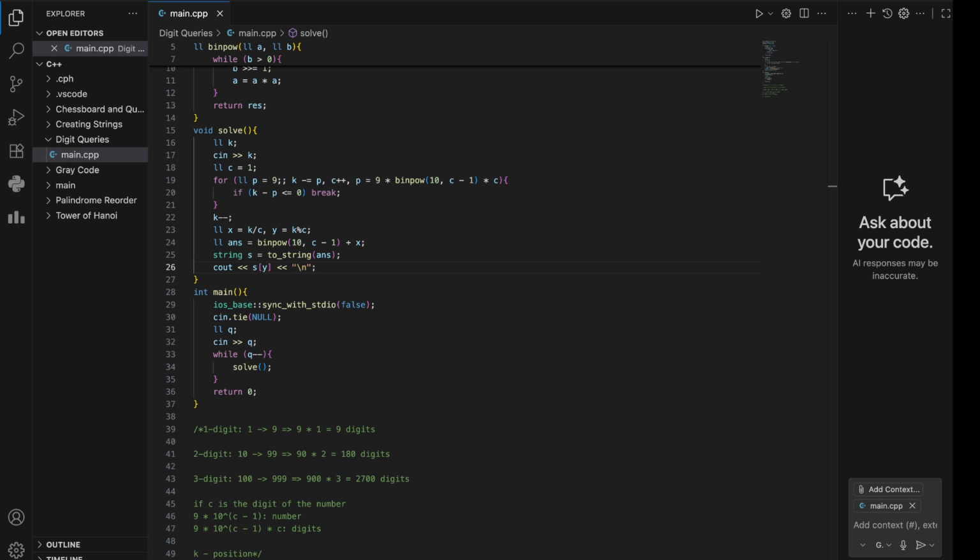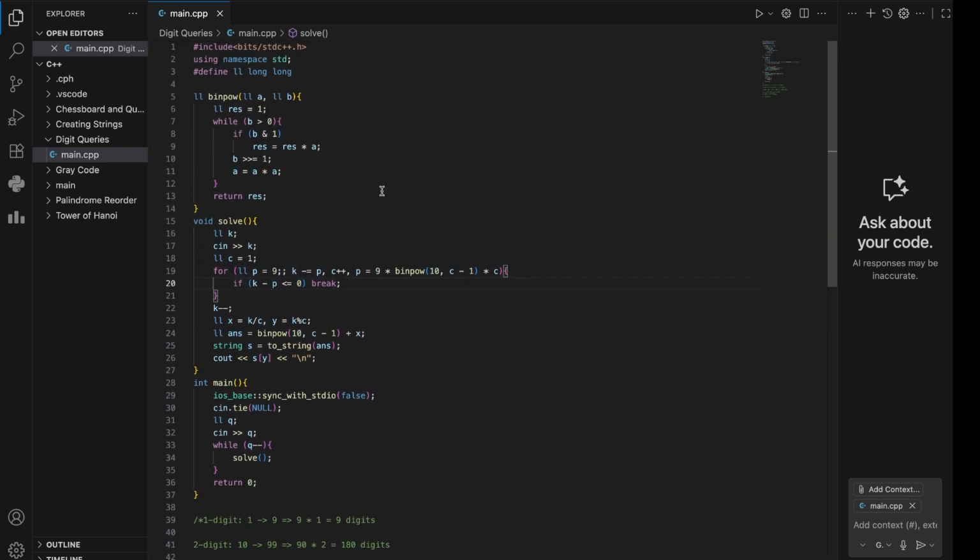We have determined the block here. We have the binpow.